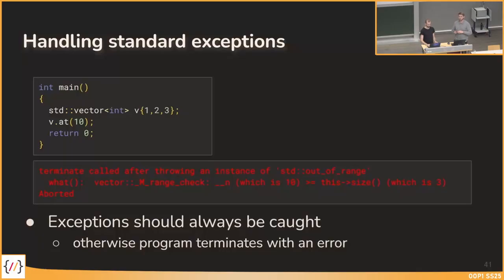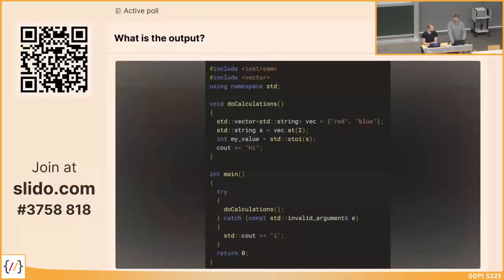It's a bit more information at least, but again, let's say the user inputs something, then we don't want the program to crash. So we should somewhere catch the exception here, or all the exceptions, otherwise the program will terminate with an error message as shown here. And for this, we now again have a quiz, a short code snippet.